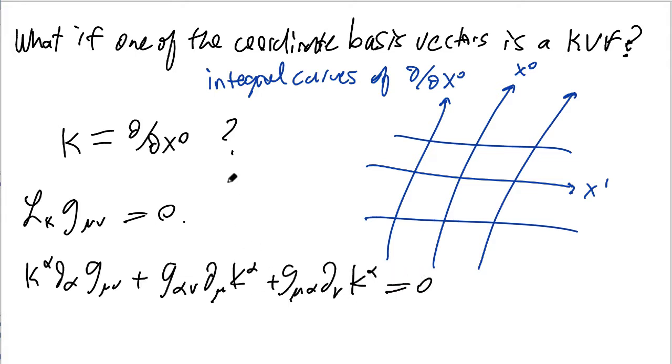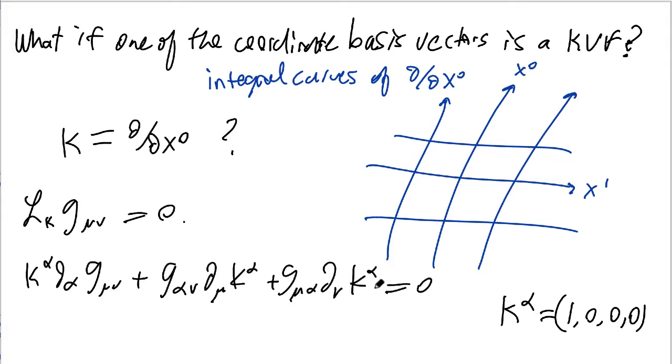And what are the components of this Killing vector field? Well, this is a basis vector, so the components are simply 1, 0, 0, 0, right? If we expand this in a linear combination of basis vectors, it's already a basis vector, so those coefficients are 1, 0, 0, and 0.